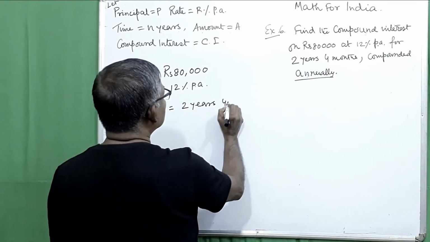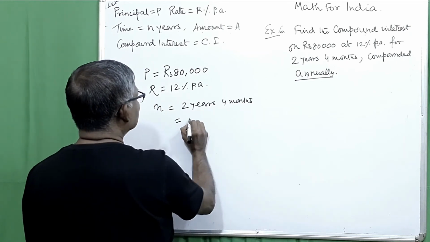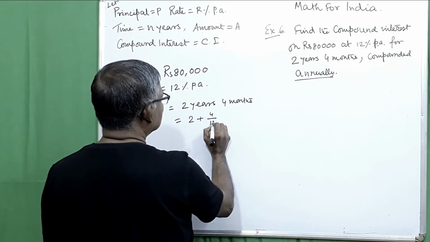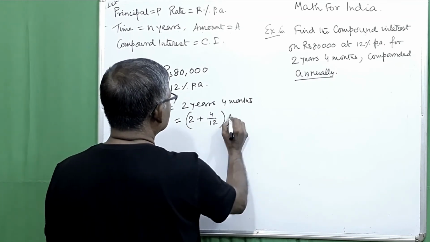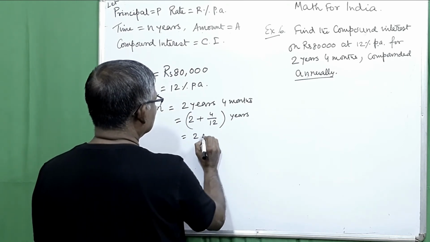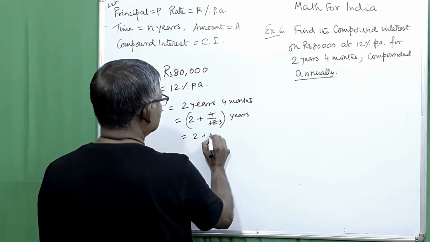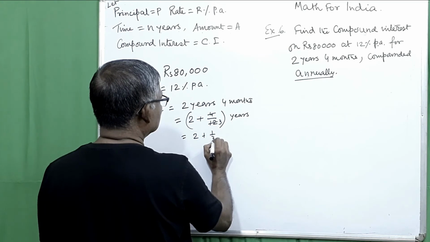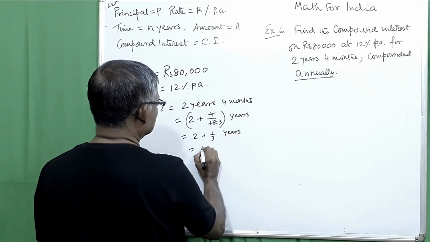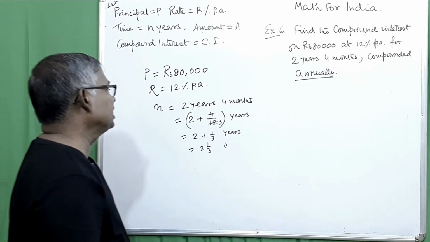2 years 4 months, that is 2 plus 4 by 12 years, that is 2 whole 1 by 3 years.